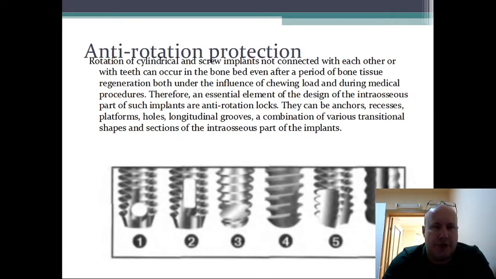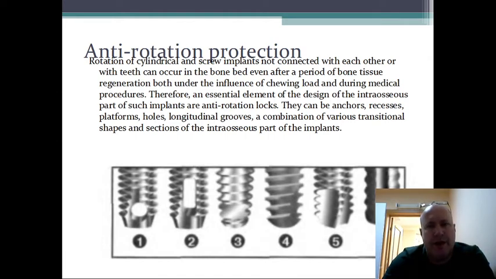Anti-rotation protection. Rotation of cylindrical and screw implants, if they're not connected with each other or with their own teeth, can occur in the bone even after the period of bone tissue regeneration, both under the influence of chewing load or during a medical procedure.